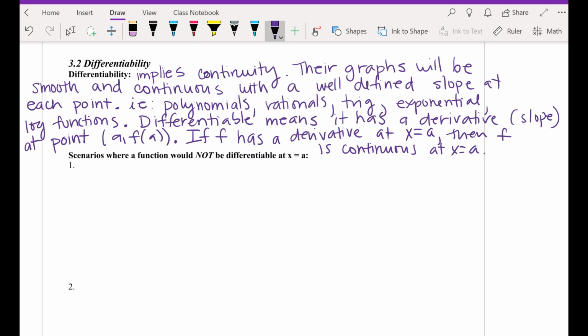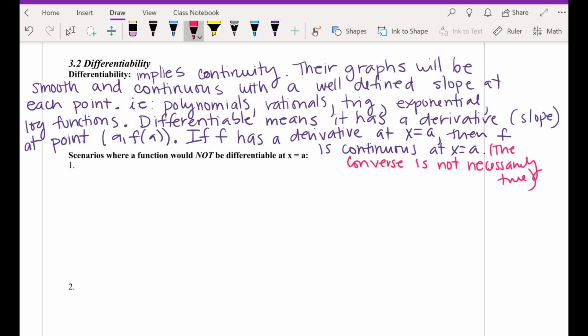The converse is not true. Anybody know what I mean by converse is not true? The converse is not necessarily true. What do I mean by the converse?